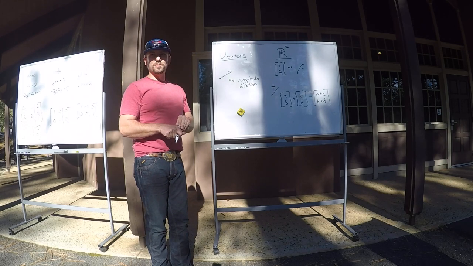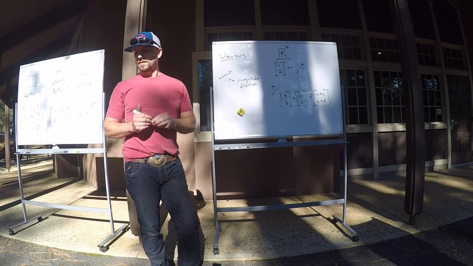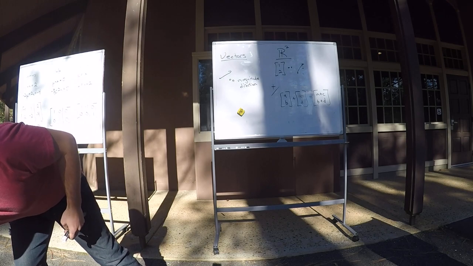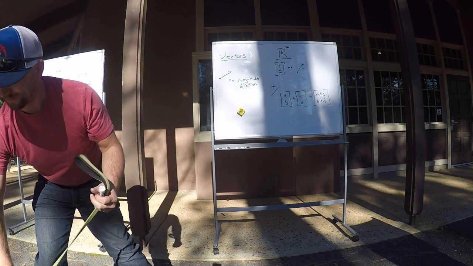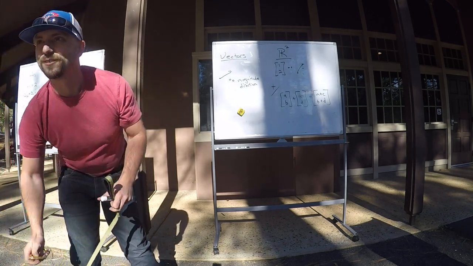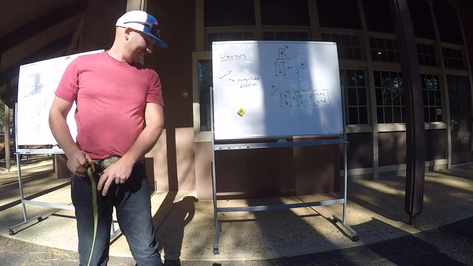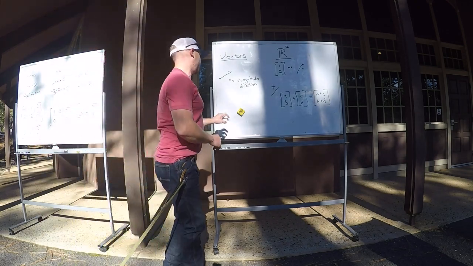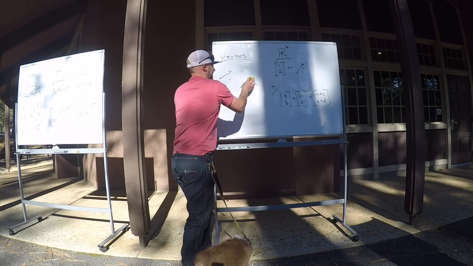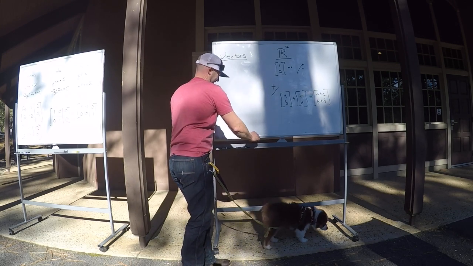So, how do you scalar multiply? You take a scalar and you multiply it. Okay, fair enough. What is a scalar? A number. No direction.